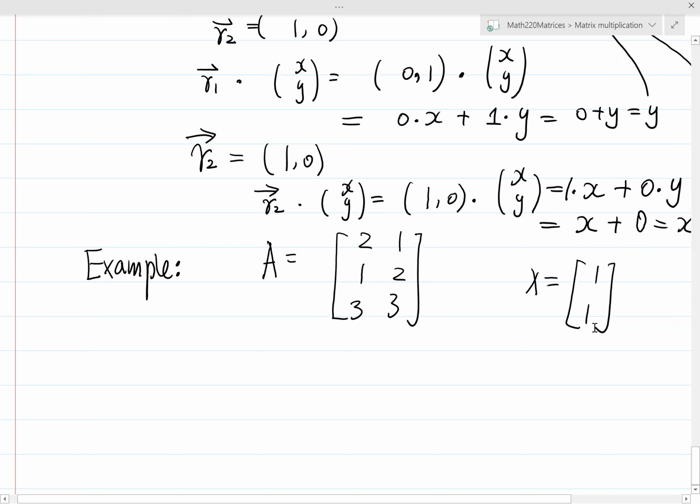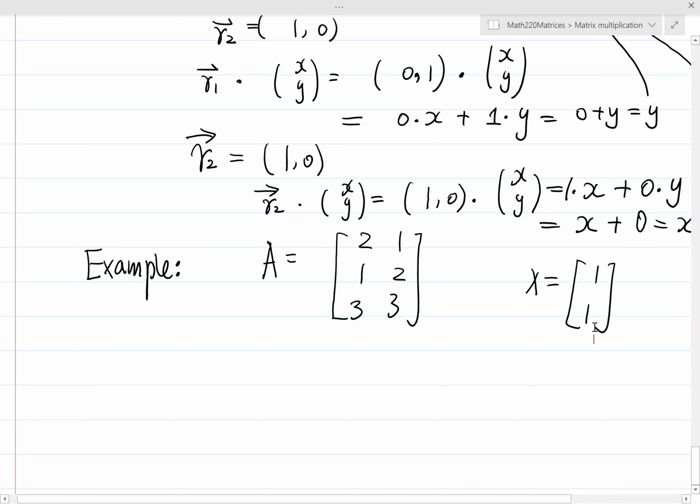X lies in a 2-dimensional space. It has 2 components, and A has 2 columns, because we know the image for each component. For the first component, the image is the first column.